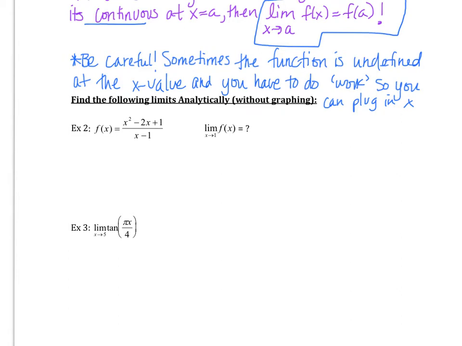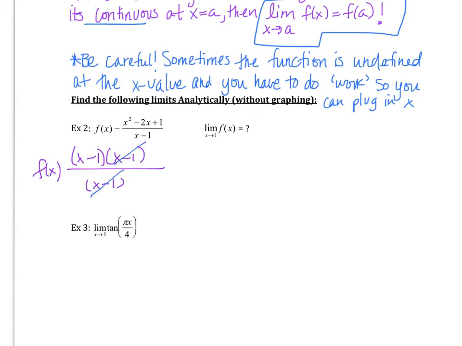Consider this first problem. It appears to be a rational function. However, we learned the other day that whenever we have rational functions, we always want to first try to factor and reduce. If we go ahead and factor this problem, we'll see that we get x minus 1 over x minus 1. And the factor x minus 1 can cancel off.